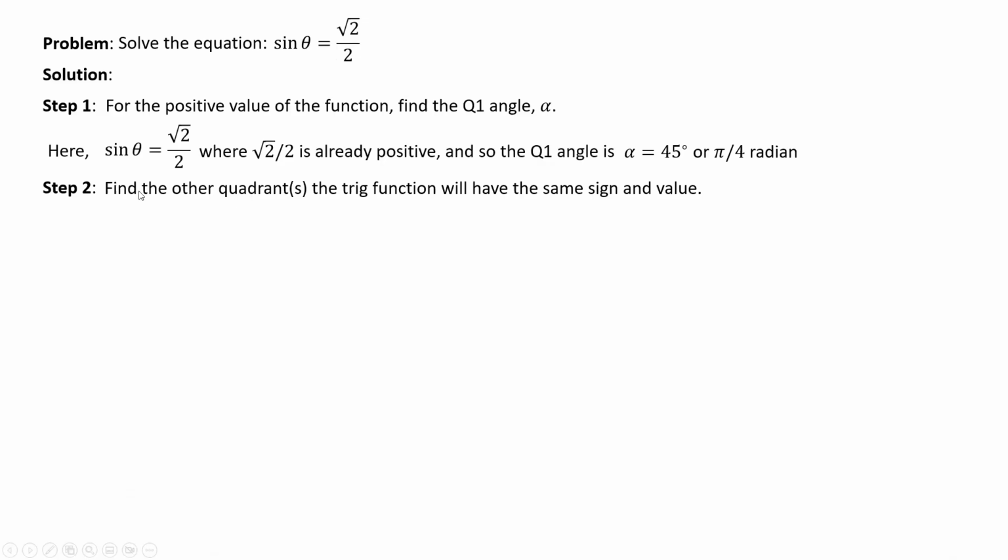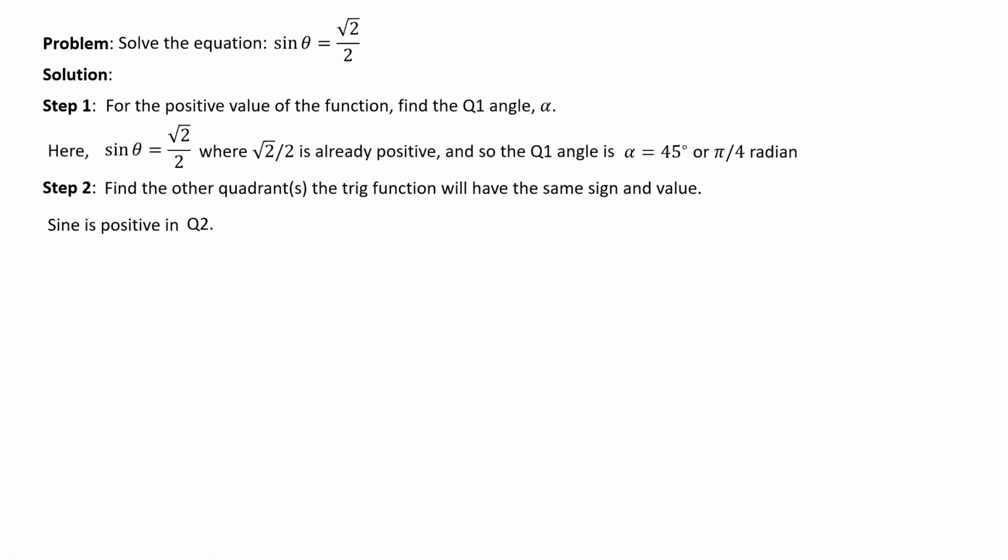That's what I'm asking. Find the other quadrant or maybe quadrants where this trig function will have the same sign and value. Positive square root of 2 over 2. Again, same sign, positive, and the value of square root of 2 over 2. Cool? All right. And sine is positive in which quadrant?